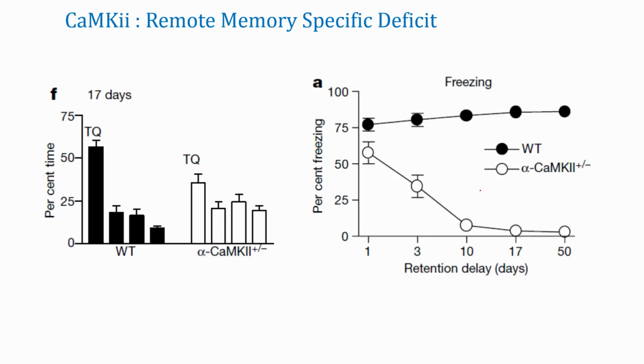However, when you bring them back after 17 days, you do not even have to wait for a month. Not just the water maze, you can actually do this experiment with fear conditioning too, and that is what you see. At the recent time point, they remember very well, no problem at all.